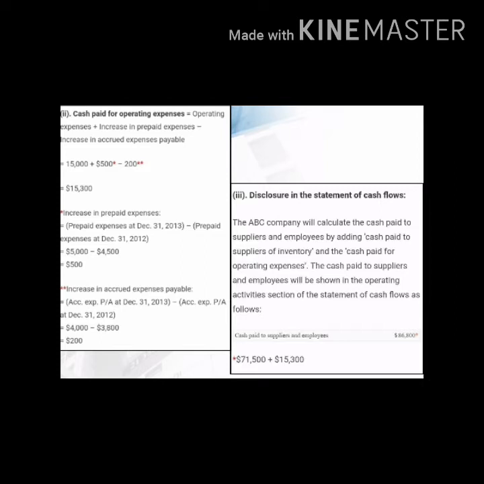And now calculate $15,000 plus $500 minus $200 is equal to $15,300.